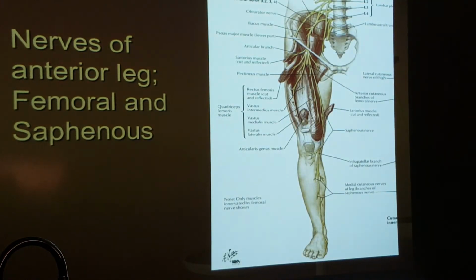Okay, and we have the femoral nerve, or femoral, however you choose to pronounce it, branches into a sensory branch called the saphenous nerve, which runs superficially along the medial thigh, all the way down to the bottom of the leg, and a motor branch, which remains fairly deep, and those are both lab words.